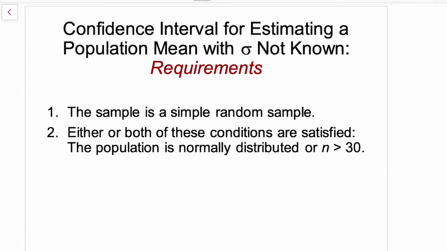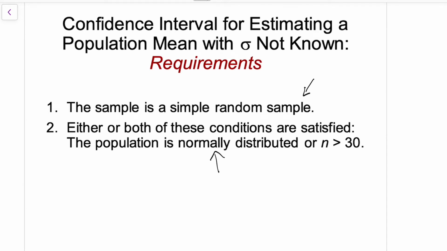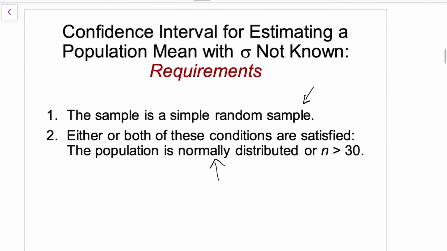So the requirements for us to be able to estimate a population mean are going to be very similar in that we need to have a random sample and that we need to be normally distributed or have a sample size of at least 30. These things will be satisfied for us automatically. I won't make you go through it.